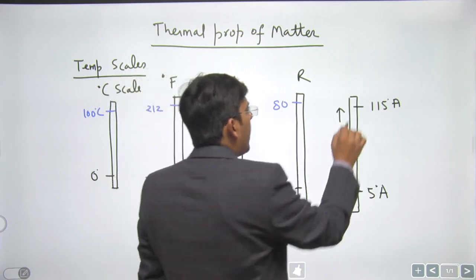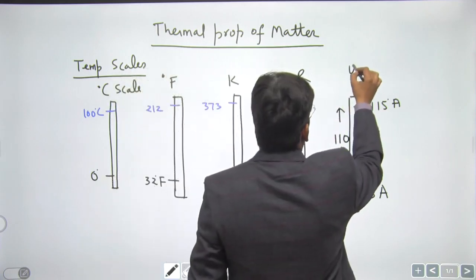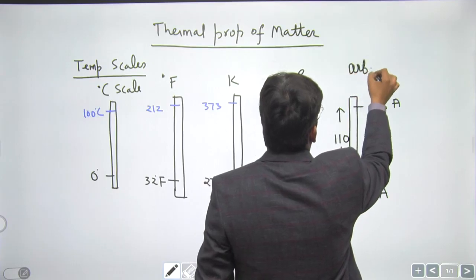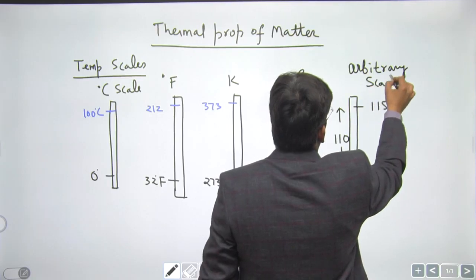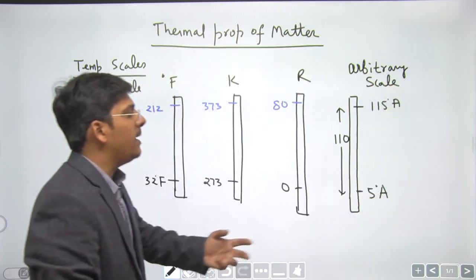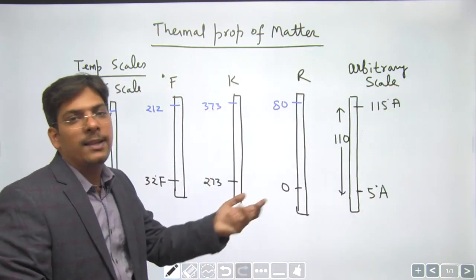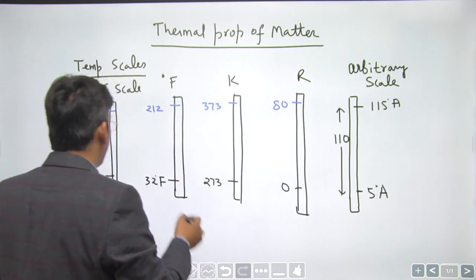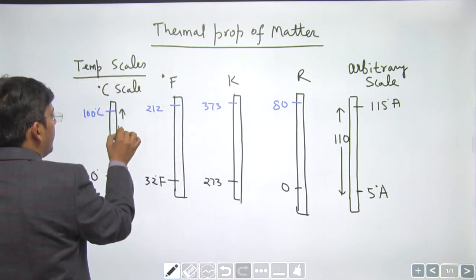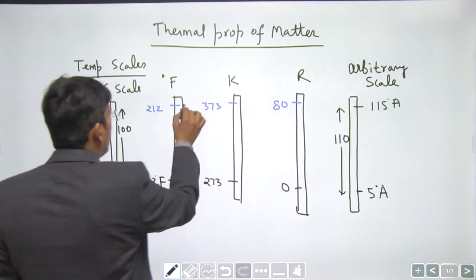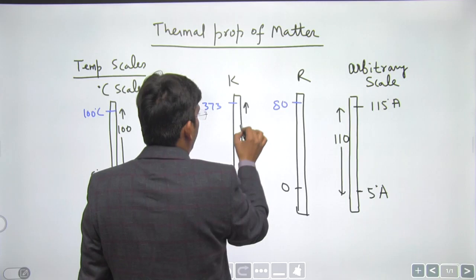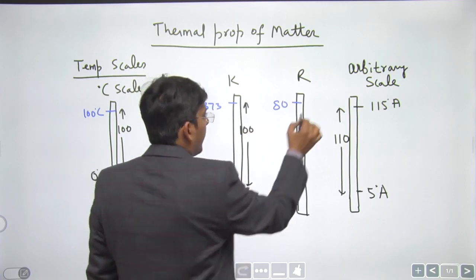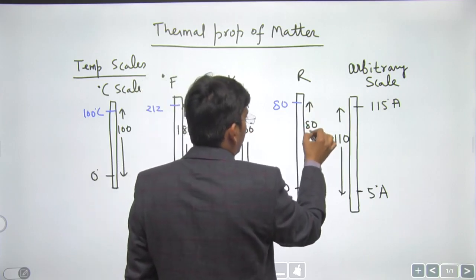This is any unknown, arbitrary scale. Suppose you become a scientist, you make a thermometer of your own, your name starts with A, just like me, you make a degree A scale. So we have 100 divisions here, we have 180 divisions, we have 100 divisions here, and we have 80 divisions here.